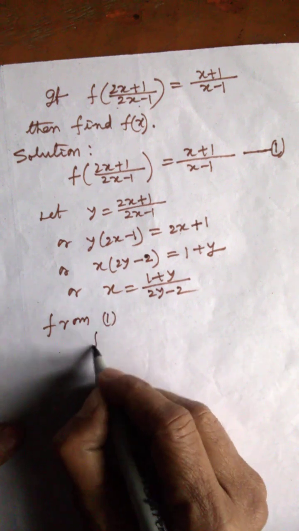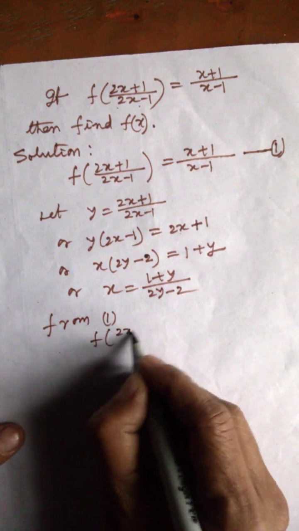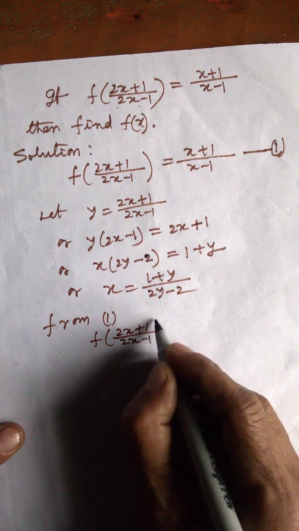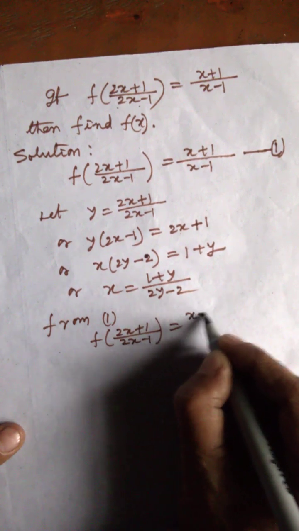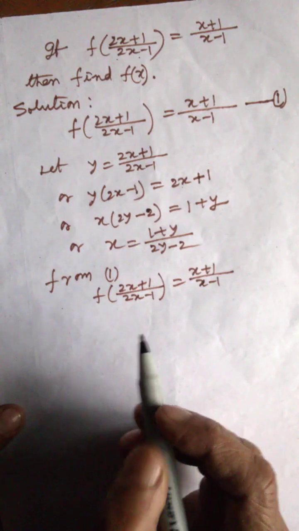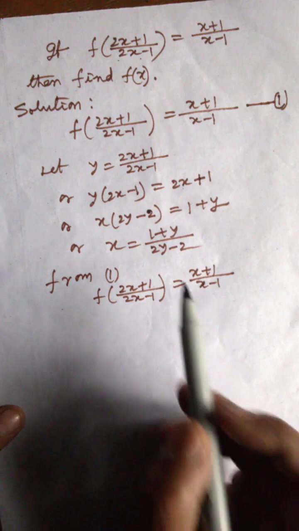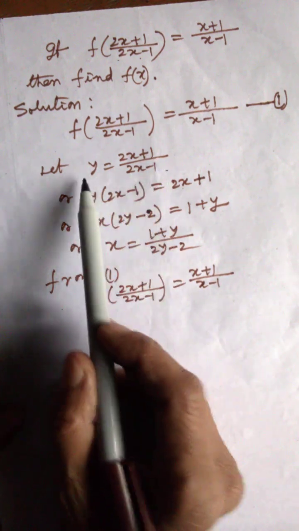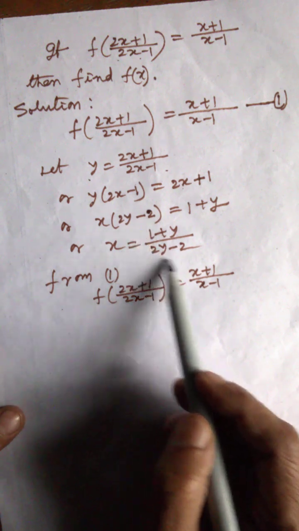From equation 1, what we are having is f((2x+1)/(2x-1)). Replace (2x+1)/(2x-1) by y and x by this.